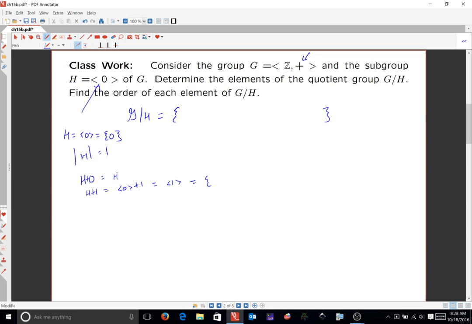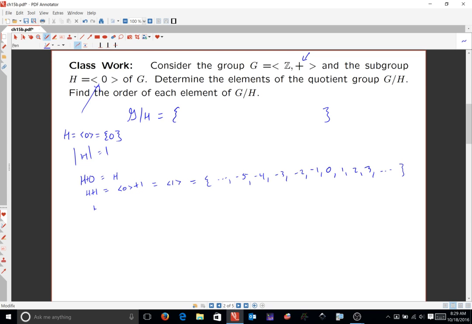Yeah, adding 1 to itself. You have 1 in there, in fact, or minus 1. You're adding 1 or minus 1 to itself. Oh, so everything becomes cyclic, except it's not a finite group. H plus 0.